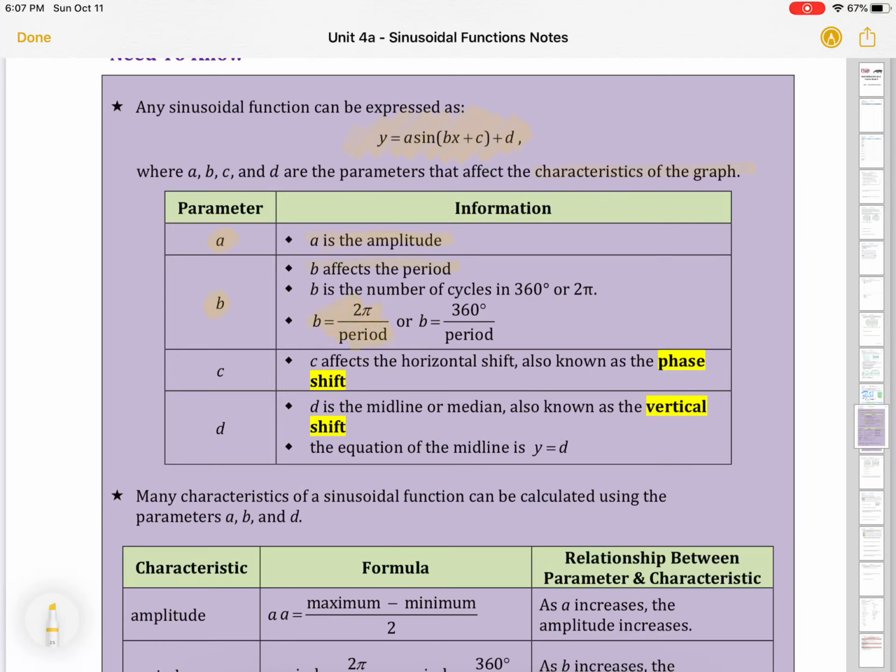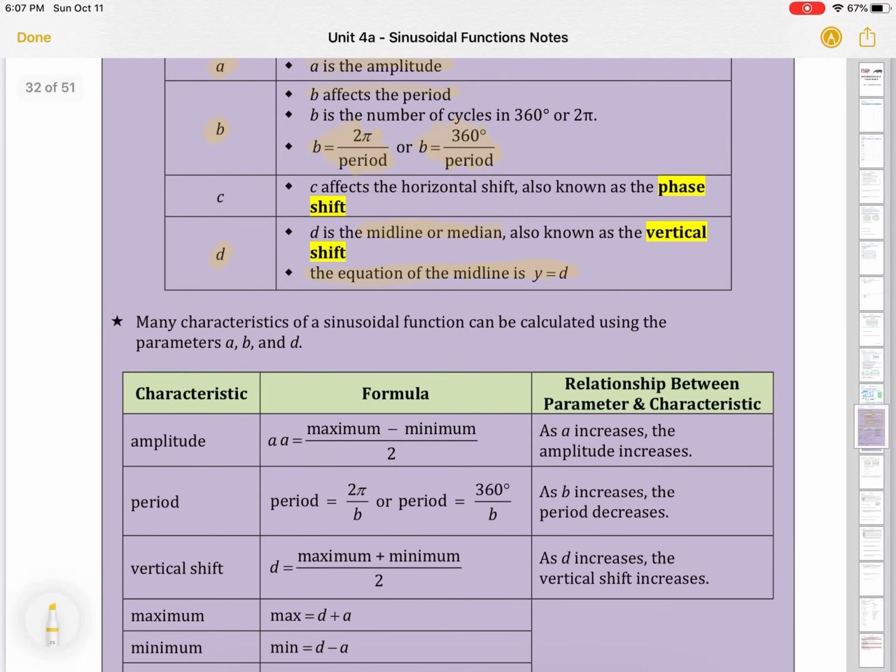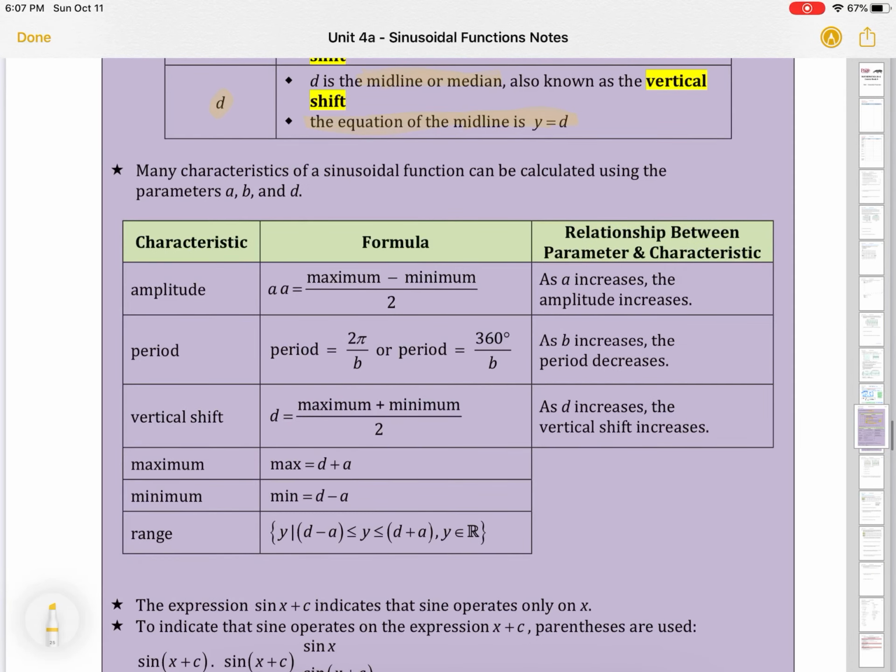B affects the period. B is either 2 pi divided by the period, or 360 degrees divided by the period. C affects the horizontal shift, and D is the midline or median. So it's kind of nice that the equation of the midline is just given to you with D, okay?